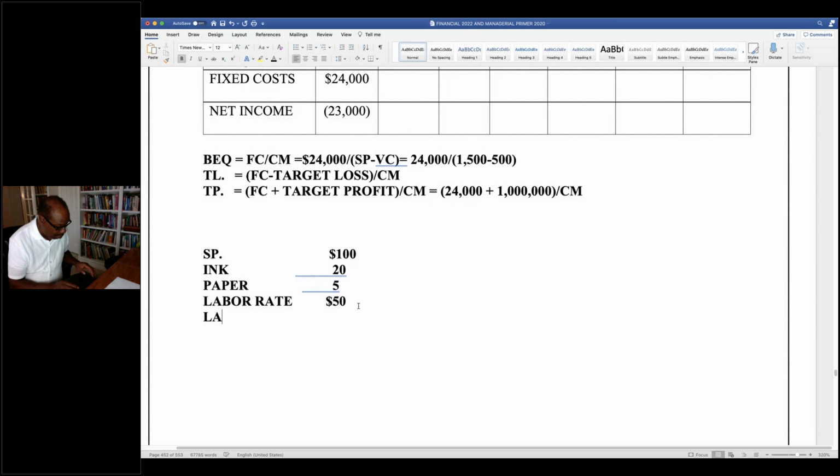And the labor productivity, they can make 10 per hour.